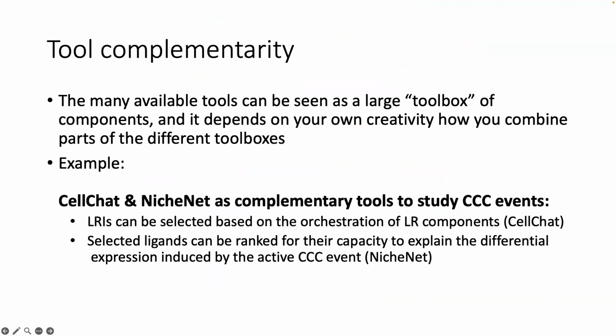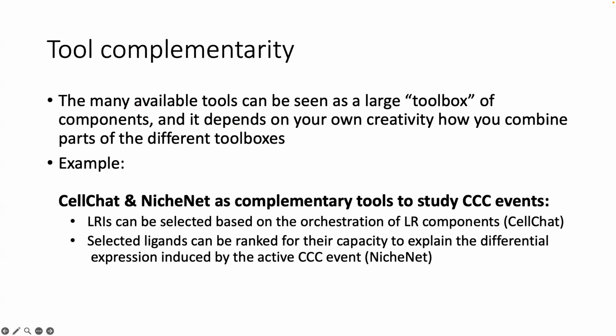Many tools model different parts of the process, and actually you might get better results if you understand a little bit how the tools are working and how they can be complementary. For example, you can combine CellChat and NicheNet. CellChat is very good for modeling the ligand receptor interactions.